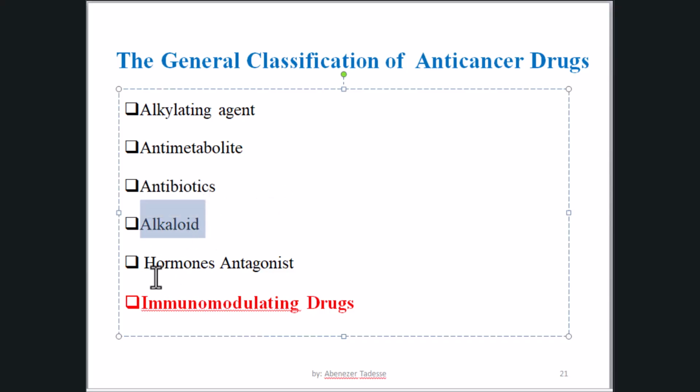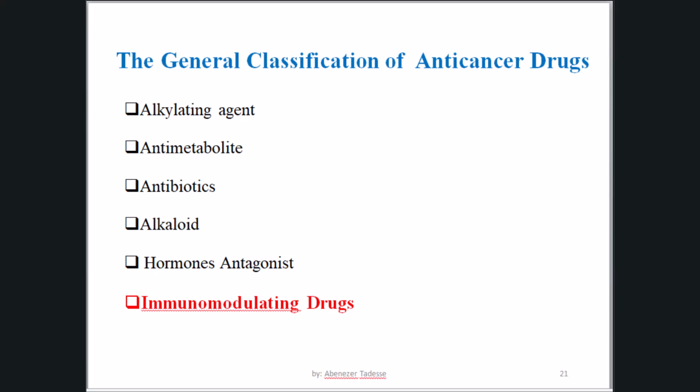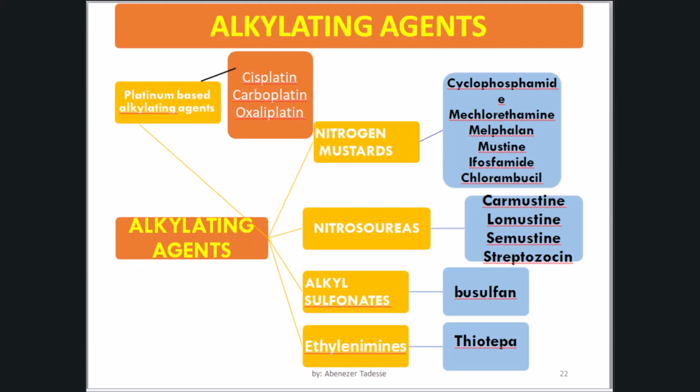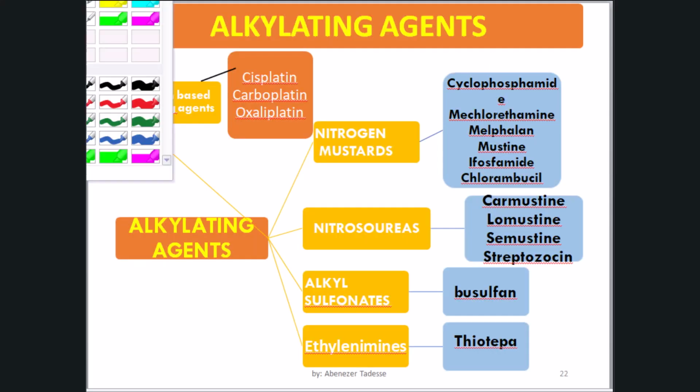The other one is hormone receptor antagonists or hormone synthesis antagonists. We'll see. The other classification is immunomodulating drugs that potentiate the immune system, but by themselves do not induce any cytotoxic activity.